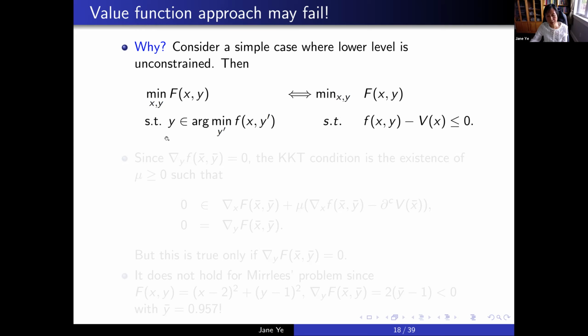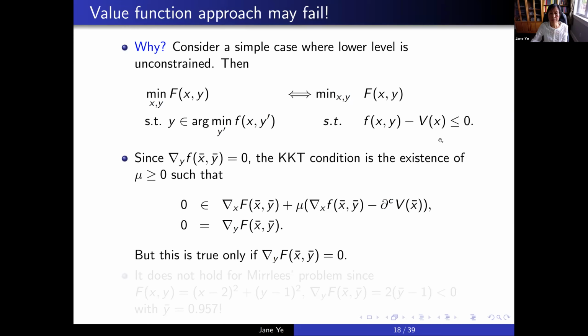Instead of saying y is a solution of the lower level, is a minimizer of f, we can say f(x,y) is less than or equal to its minimum value. Okay, so now you write the KKT condition. Actually, the first one is the inclusion because of the non-smoothness, right?